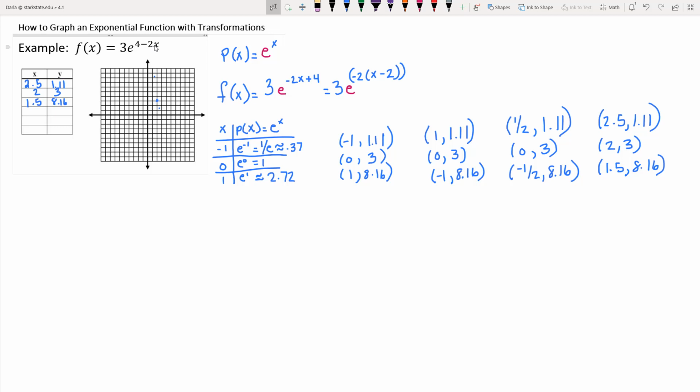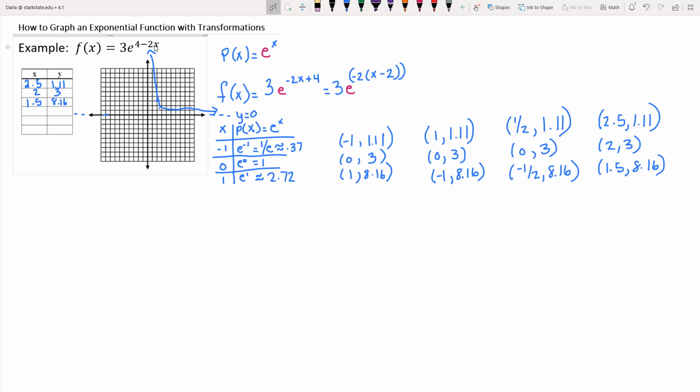The only thing that I would keep in mind is exponential generally has the shape that I'm kind of fake drawing, but then when you reflect across the y-axis, it's going to change the direction of your shape. So you're going to go from this direction, and then you'll approach that x-axis at the end of the day. And so you have this horizontal asymptote still at y = 0 because none of the transformations affected that.